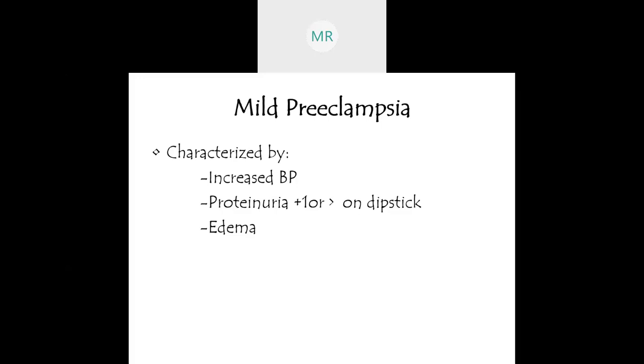Characterized by increased blood pressure, proteinuria of +1 or more on dipstick, and edema, usually in the extremities and a little bit on the face. Okay, that's your mild preeclampsia, the one your book has as without severe features.